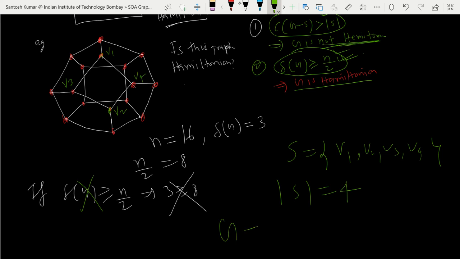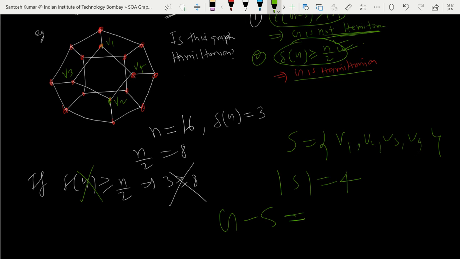And now imagine G minus S. So you remove these 4 vertices from the graph, and now imagine the graph. How many components do you see? Only one component. Okay, let me show you. If I remove this vertex, this vertex, this vertex, this vertex, what do you see? They are connected.